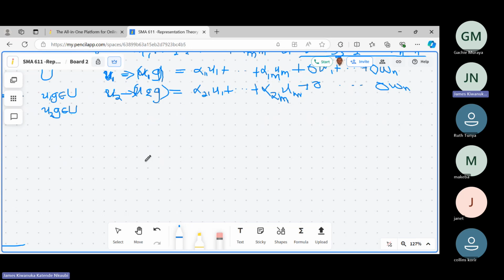So for now, you get the picture. This will go on until you get to UM, which was the last one here. Again, you will have coefficients for the U's only, because to express anything from U, you only need the basis vectors in U. Then UM.